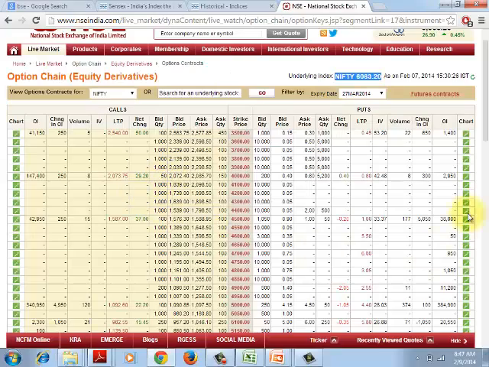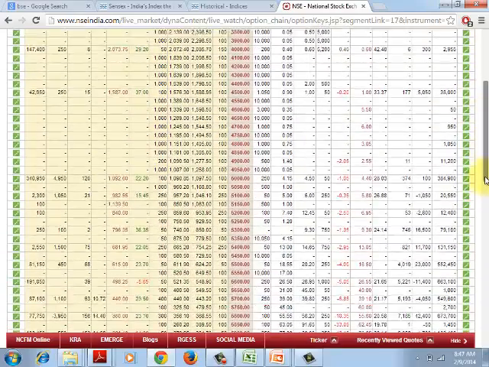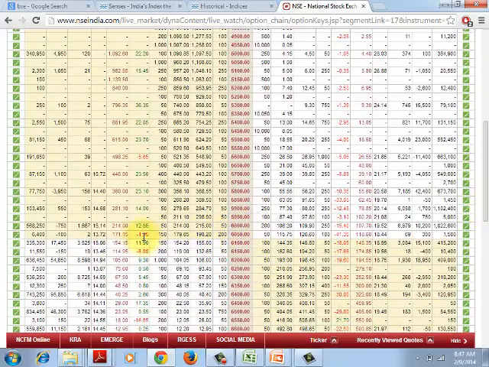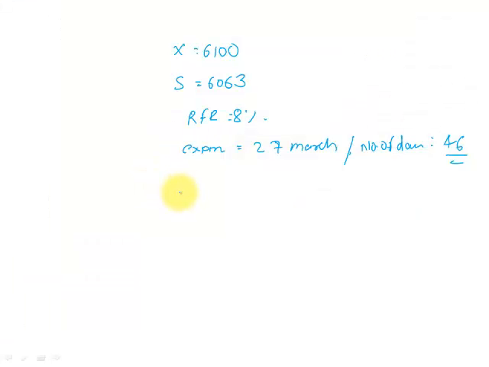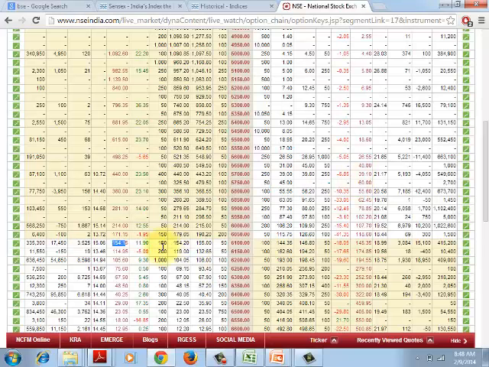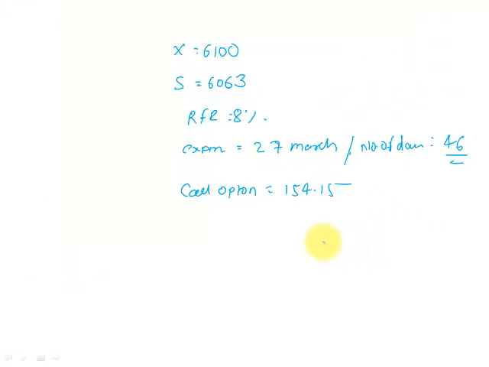Let's take some data. Let's first take the call option price, which is 154.15, which is out of the money. So call option is trading at 154.15. We know the put option price, but we will use put call parity and see if we go somewhere closer.